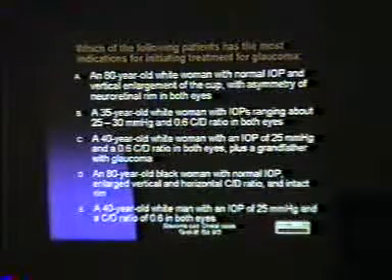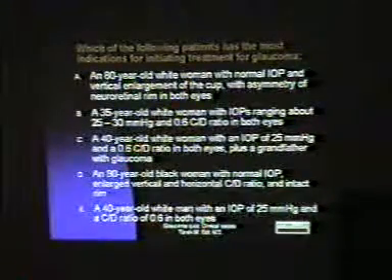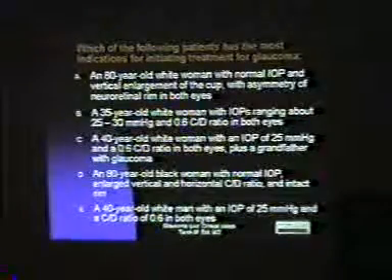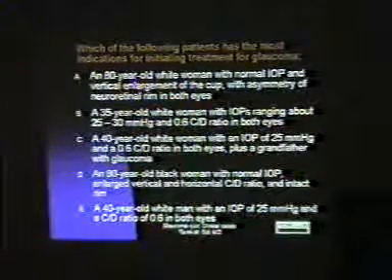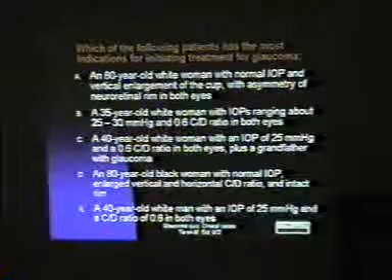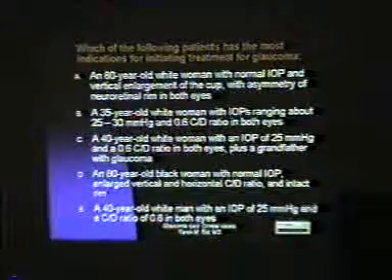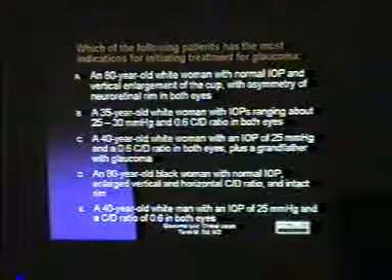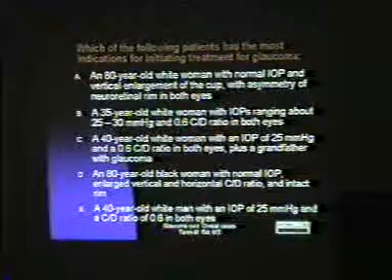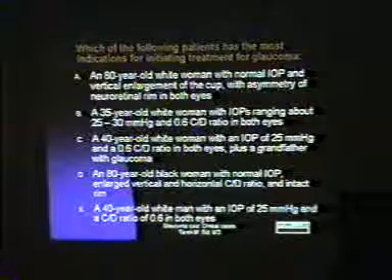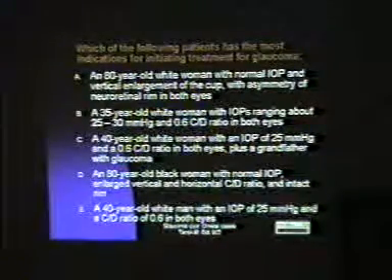If you have a patient who is 80 years old, white, and female, with normal intraocular pressure and a vertical enlargement of the cup with asymmetry of the rim, shall we treat this patient or not? Just asymmetry.